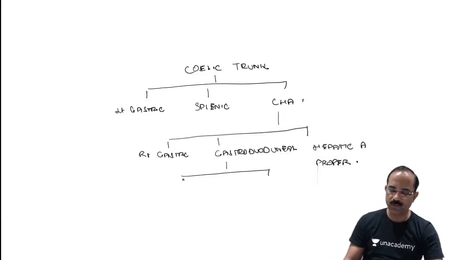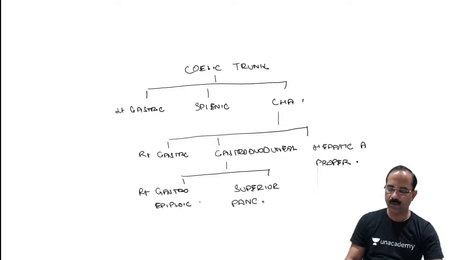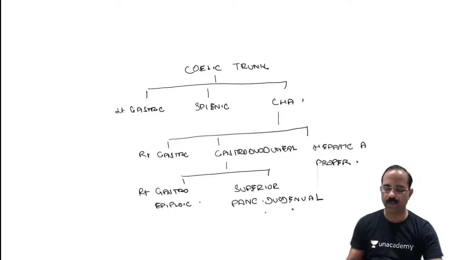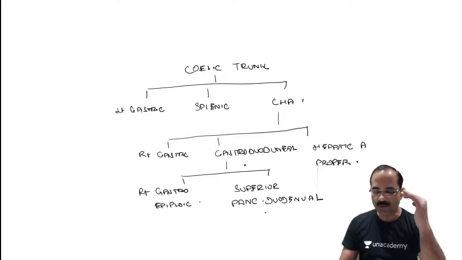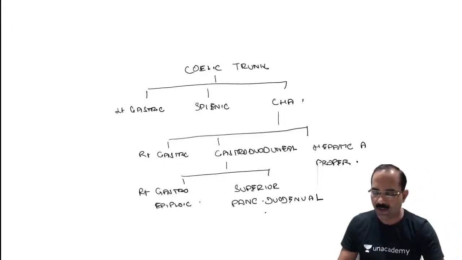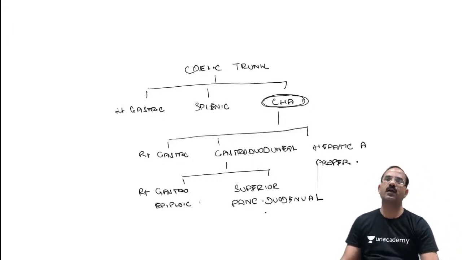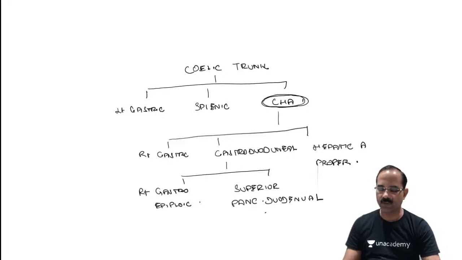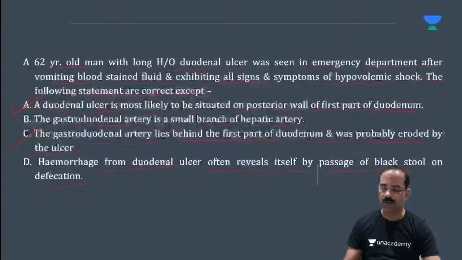The gastroduodenal further gives two branches: one is the right gastroepiploic and the other one is the superior pancreatico-duodenal. So gastroduodenal artery is not a branch of hepatic artery. This gastroduodenal artery is a branch of common hepatic artery.